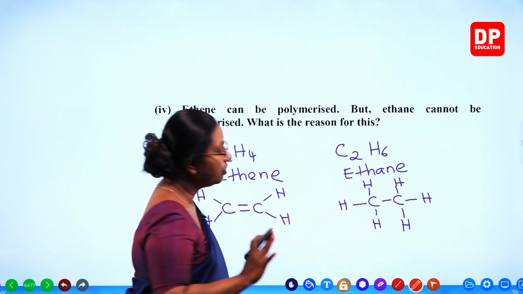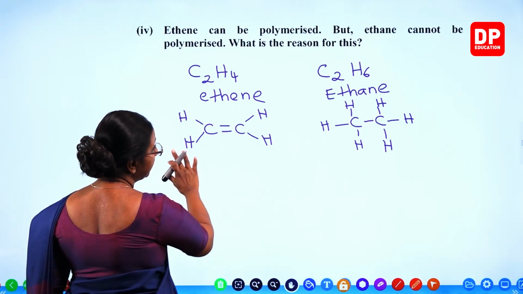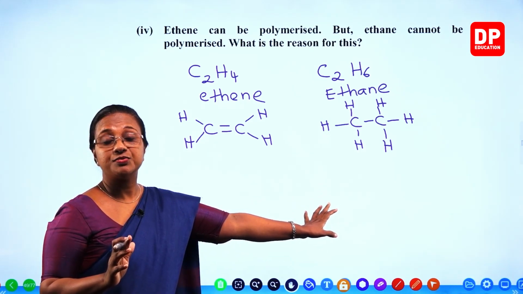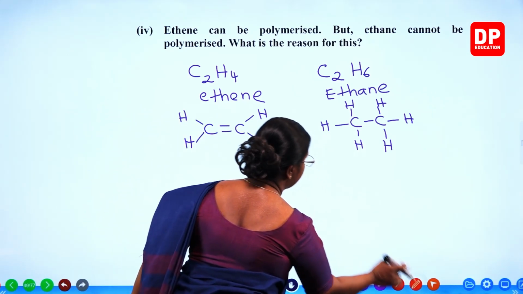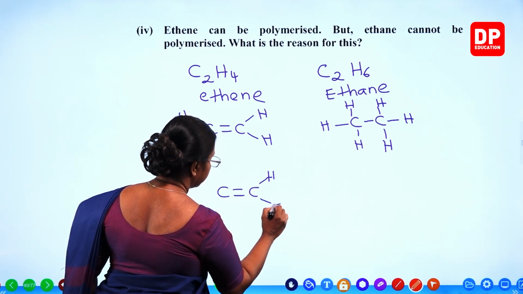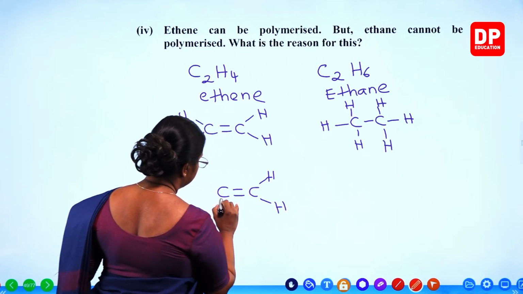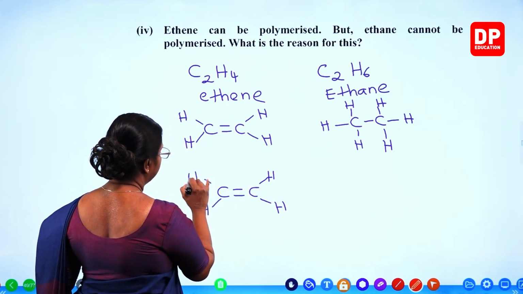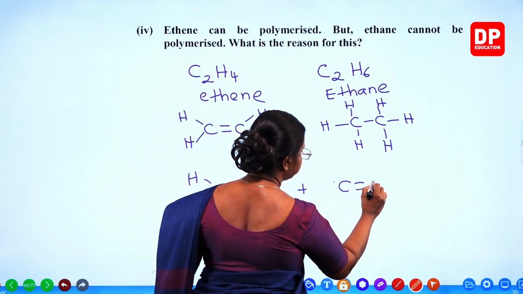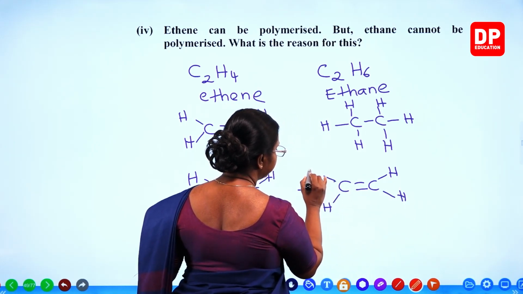So there are no double bonds. Only if there are double bonds. Now this is something I am giving you the explanation, students. You don't need to write this for the answer, just for you all to understand. If you have the ethene molecule, another ethene molecule, what will happen?